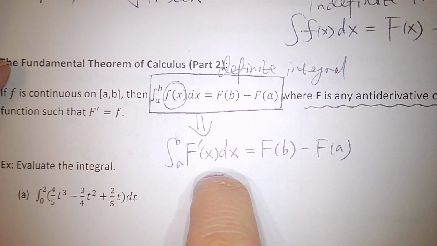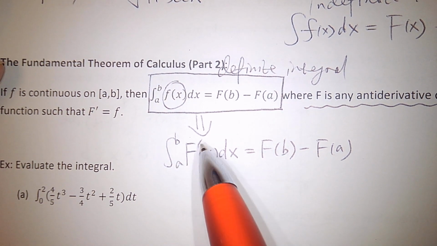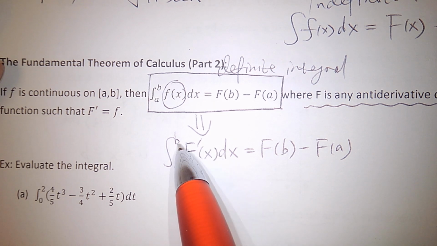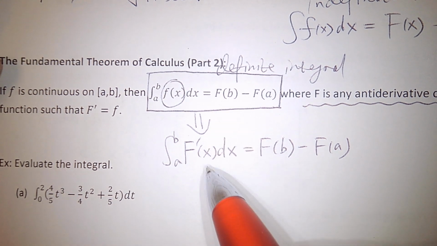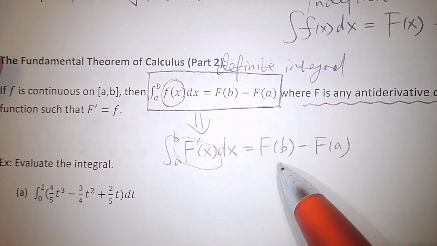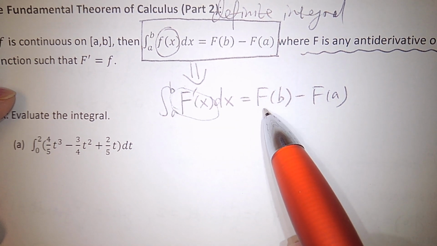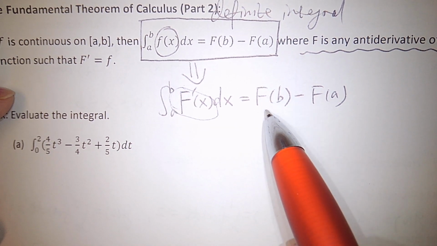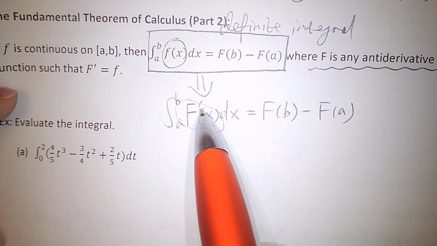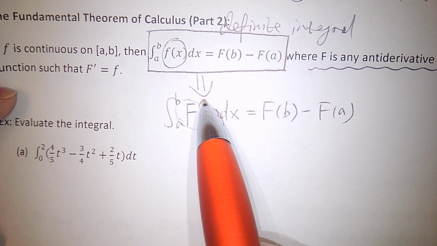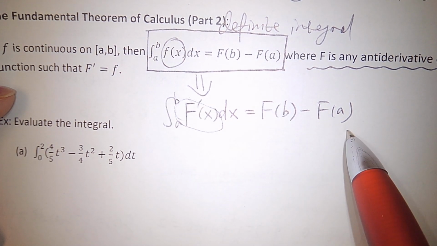Guys, what do you see from this? If we have the original function F, we differentiate first, then we integrate from a to b. Eventually we get the original function capital F back. However, because this is a definite integral, we have to evaluate capital F at b and then subtract capital F at a. See, in part 1 we integrate first; this is differentiate first, then integrate. Then we get the original function back.